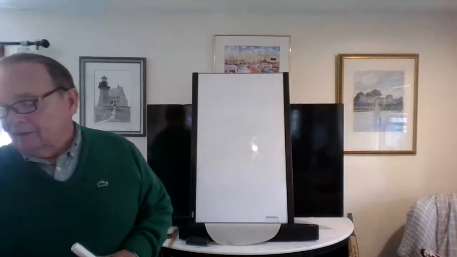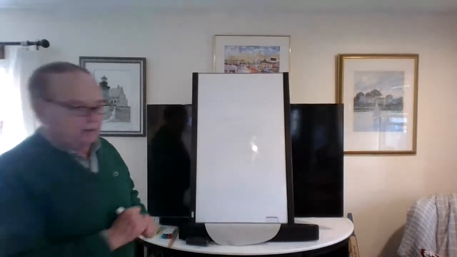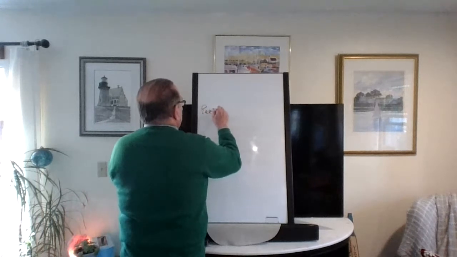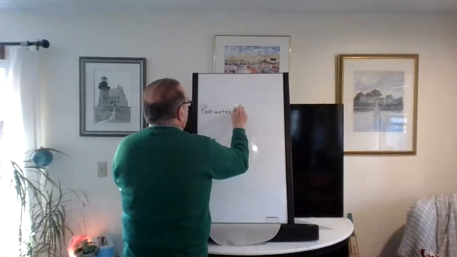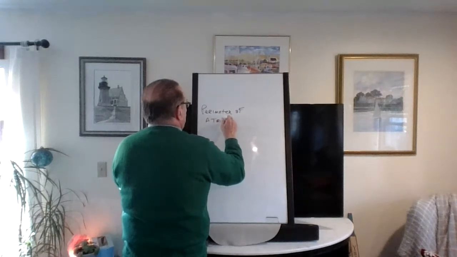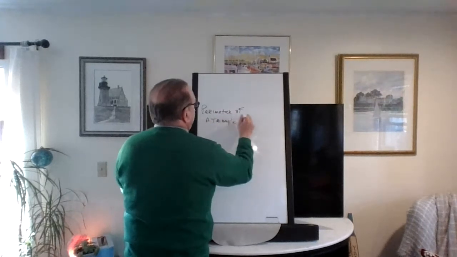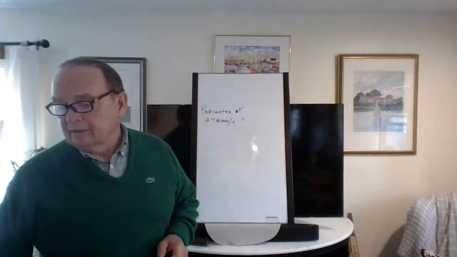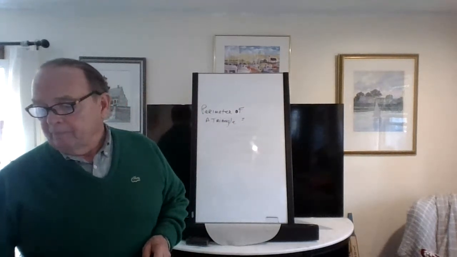Now, the perimeter of a triangle equals the three sides added together. Okay?